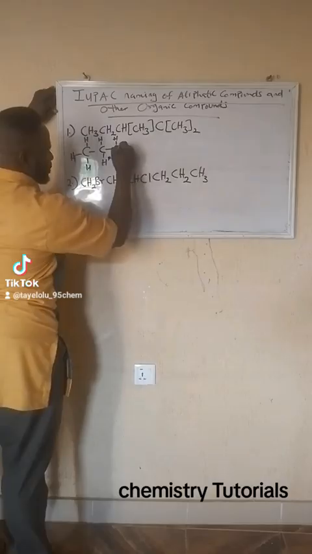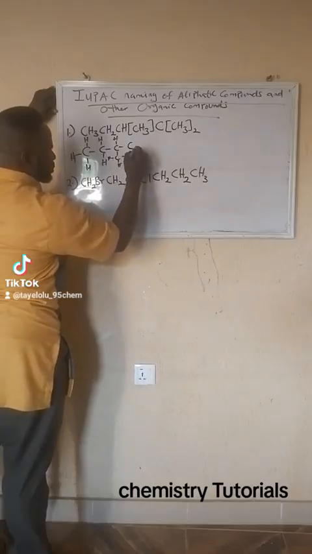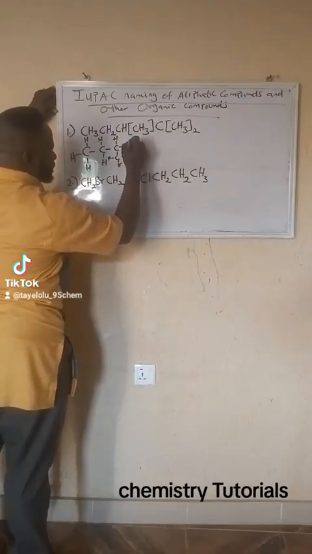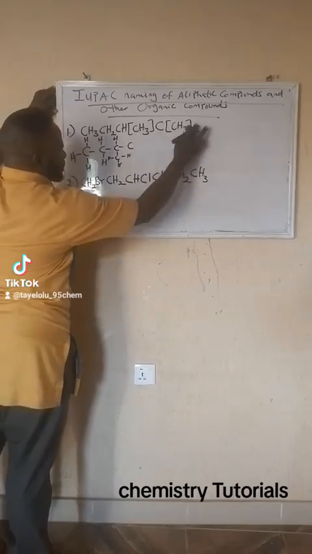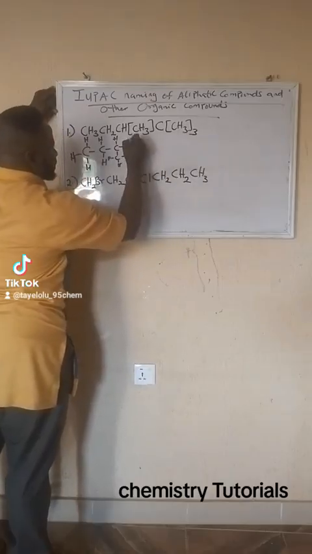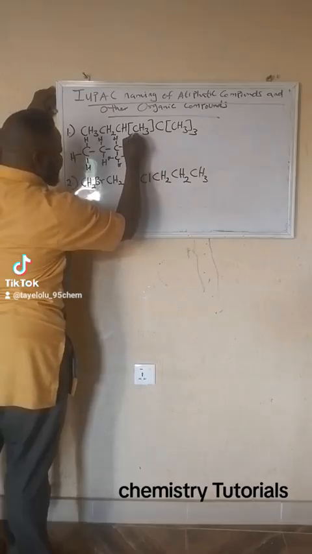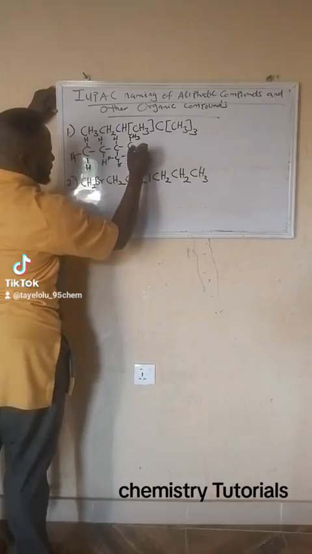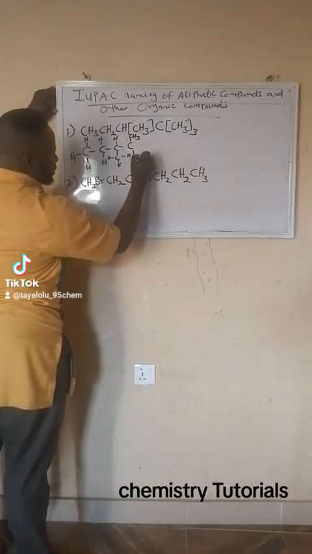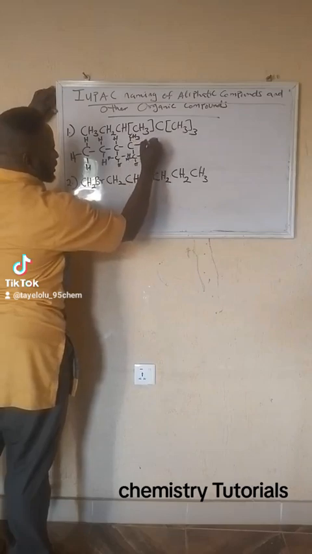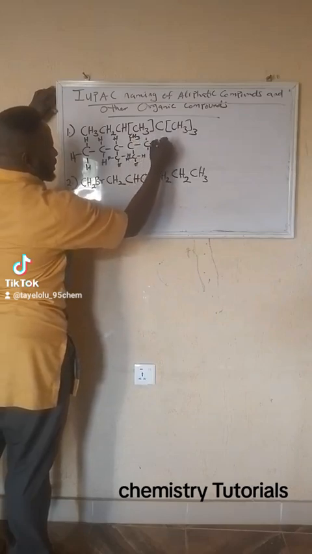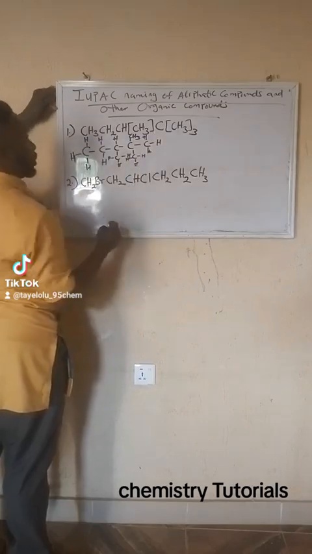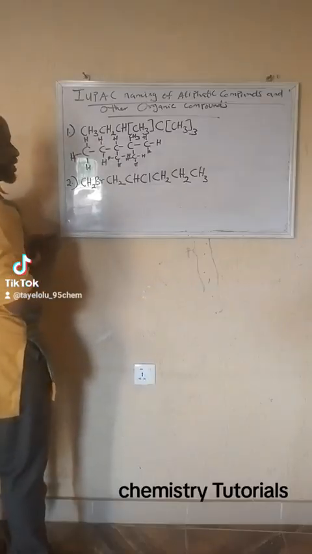Then I'm here now, C, CH3. Let me write it in full, CH3, because of my space. Pardon me for that. And also here too CH3, here too, because it's 3 CH3, and here too is now CH3. Okay, so I will now take the longest continuous carbon chain.